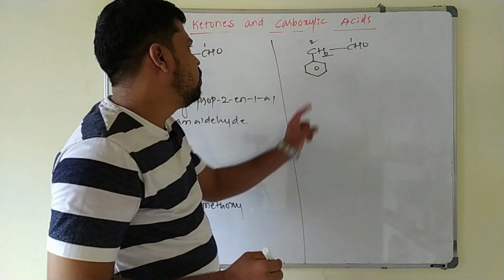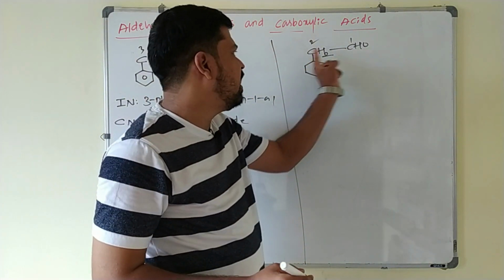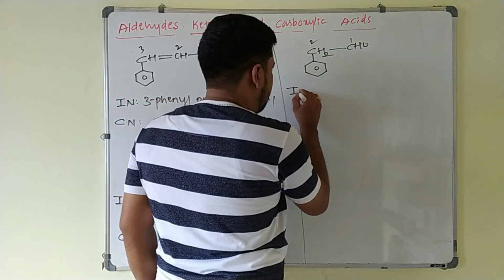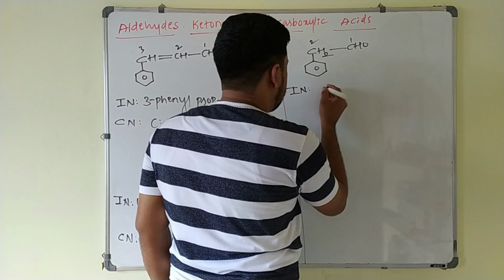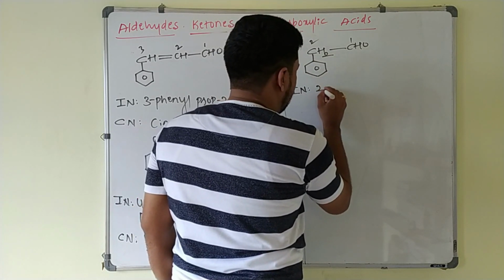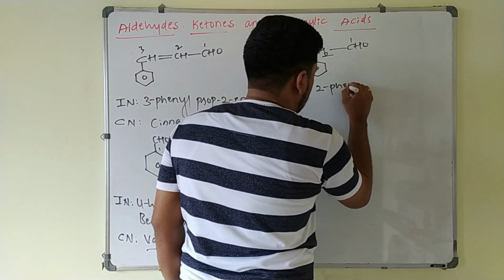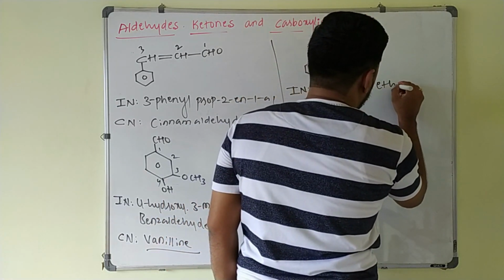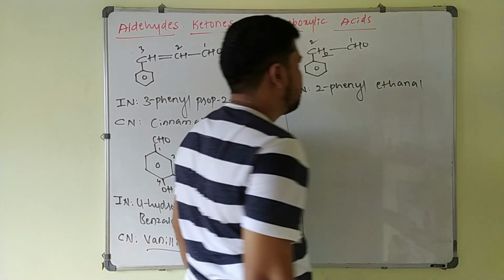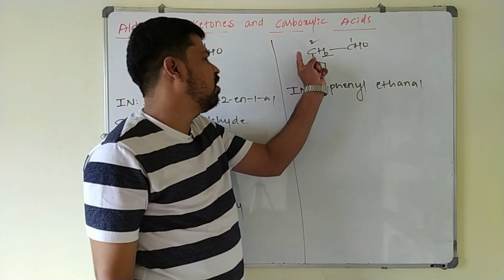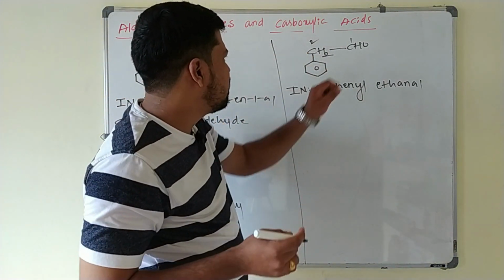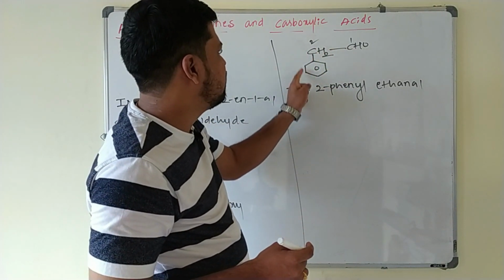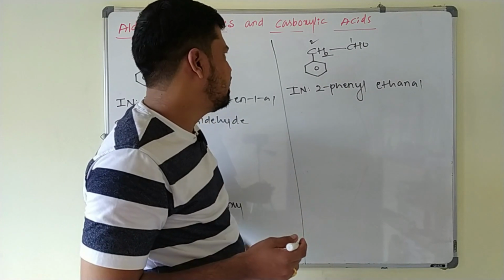This is 2-phenyl ethanal, a 2 carbon atom aldehyde. The IUPAC name of this one is 2-phenyl ethanal. Or else if you want to write the common name for this one, this is alpha carbon, alpha phenyl acetaldehyde. You can write like this.